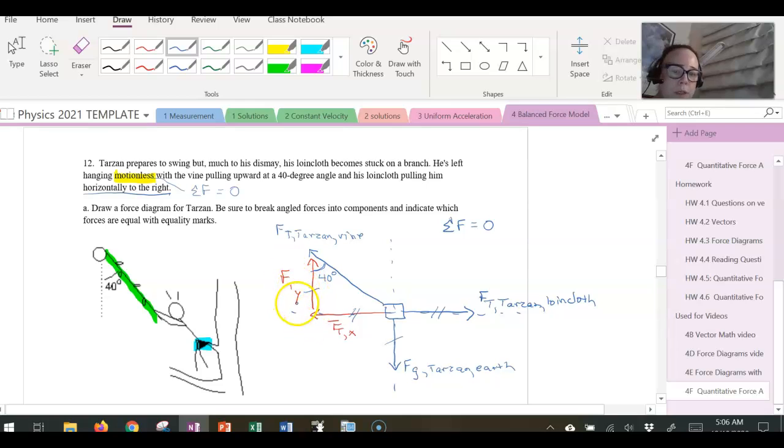The y component of this tension force is adjacent or next to this 40-degree angle, and this is a right triangle, right? There's a 90-degree angle here, so it's a right triangle.